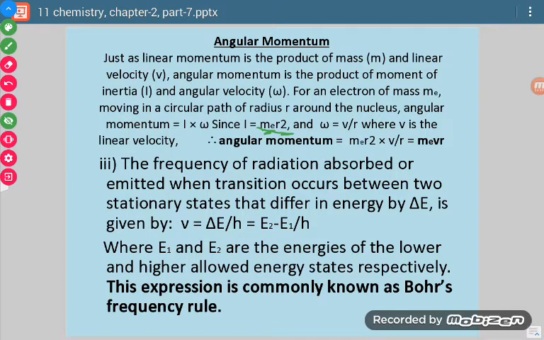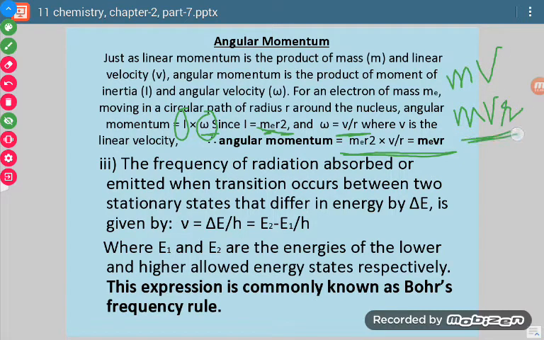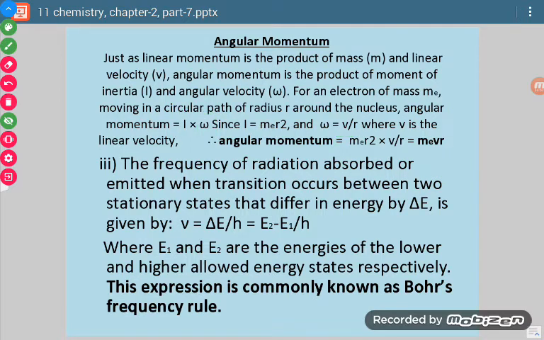It is multiplied by angular velocity, omega, which is velocity over radius. When we multiply moment of inertia and angular velocity, it comes out to be m v r. So mv is linear momentum and mvr is angular momentum, where r is the radius of the orbit on which the object, here the electron, is moving.